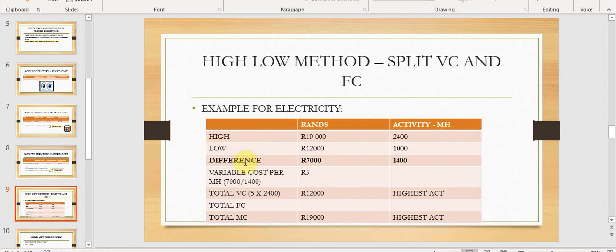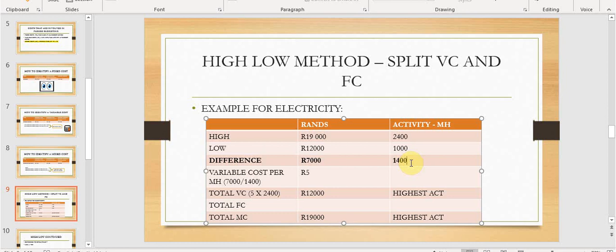Then I calculated a difference. You would see that 19,000 minus 12,000 gives us 7,000, and 2,400 minus 1,000 gives us 1,400. That is the difference between the highest and the lowest rand and activity.